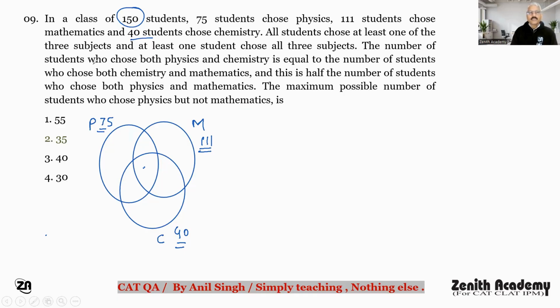All students choose at least one of the three subjects. Suppose it is A, B, C, and this is X, Y, W, and this is Z. And it is given at least one student chooses all three subjects, means Z is greater than or equal to 1.